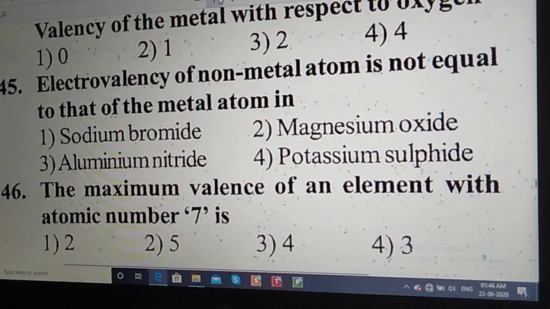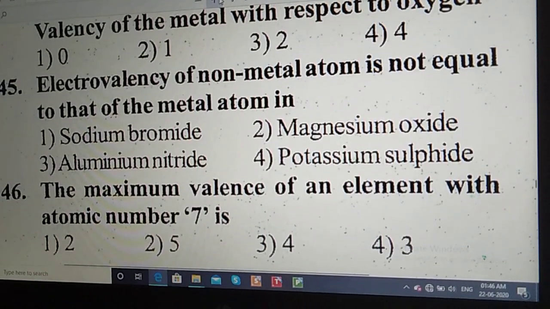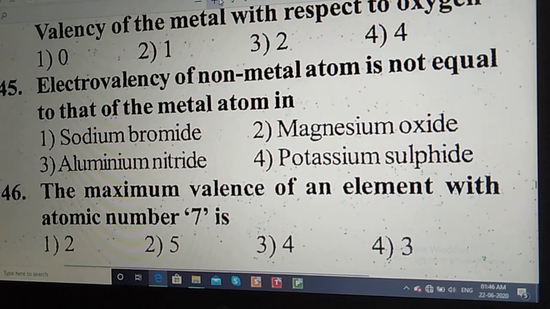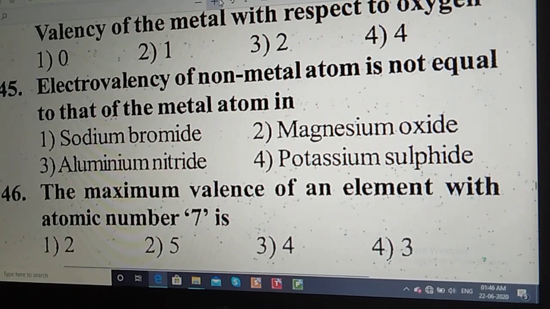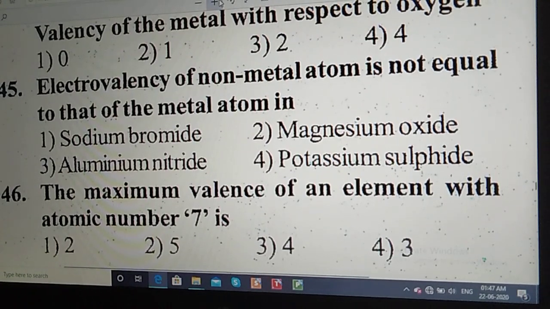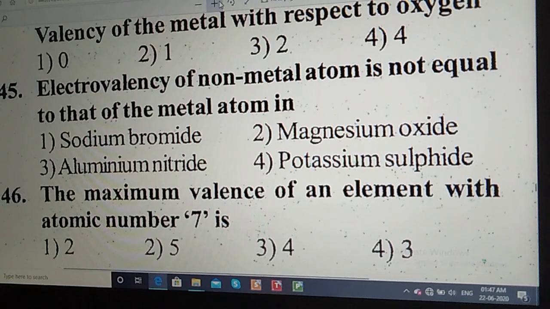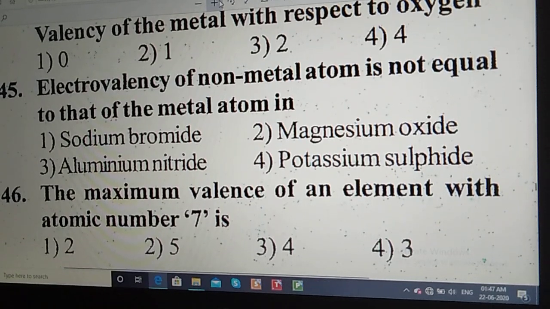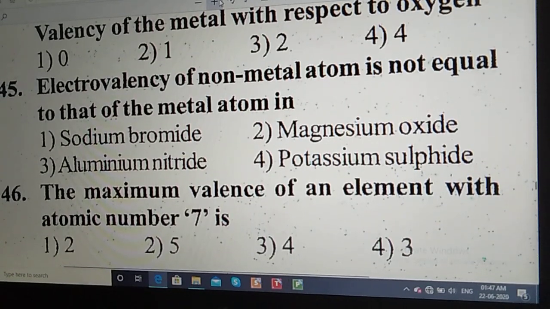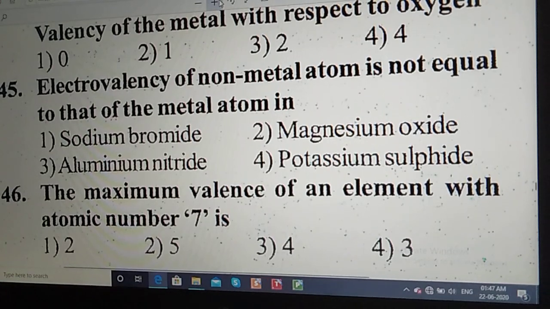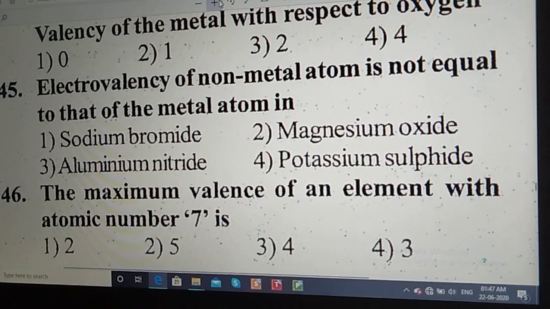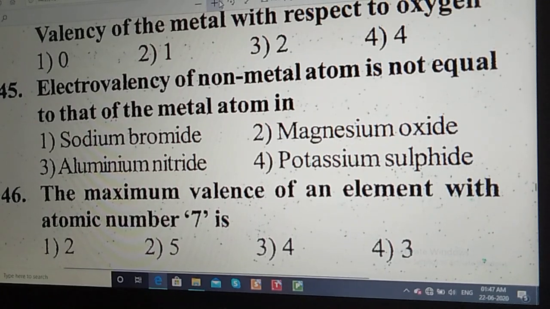Let us try to understand 45 in a better way. They are saying the valency of the non-metal is not equal to the valency of the metal. This is very simple.